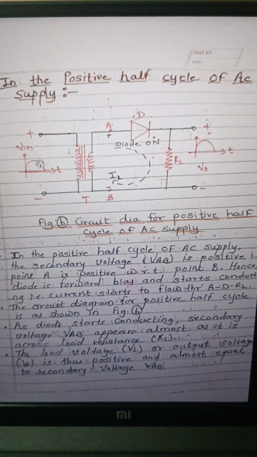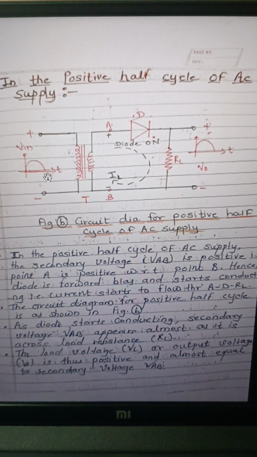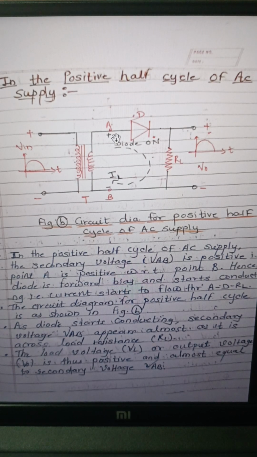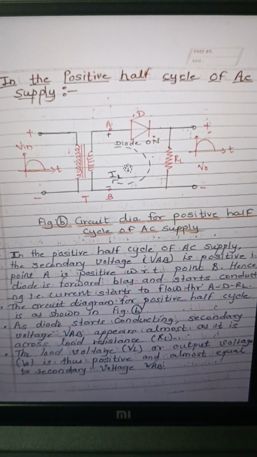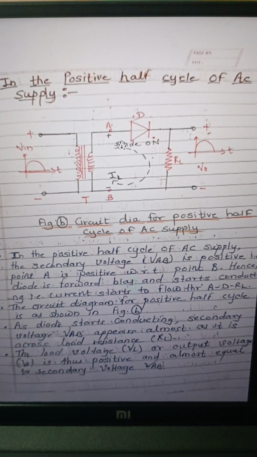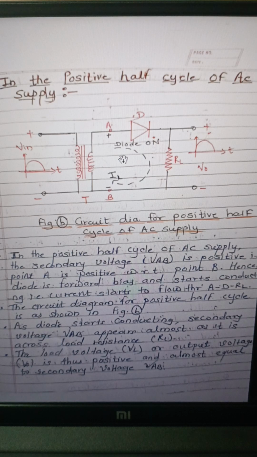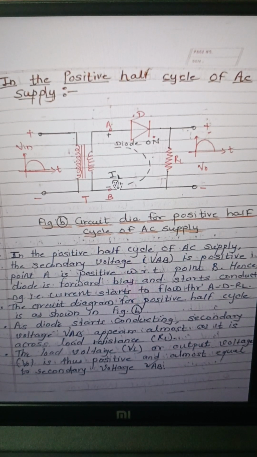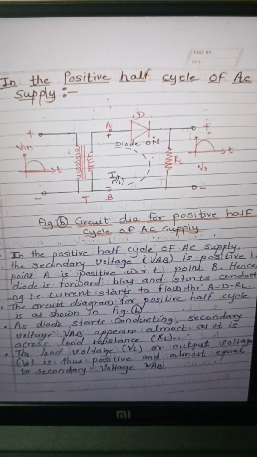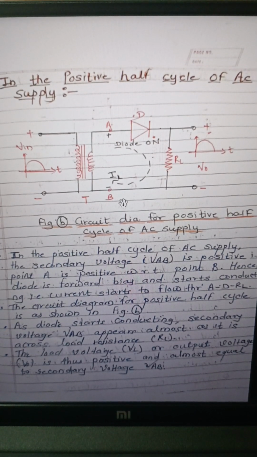So during the positive half cycle of AC supply, point A is positive with respect to point B. So as point A is positive, diode D is in the forward bias mode, means it starts conducting, means current flows through the diode, that is IL, the load current.